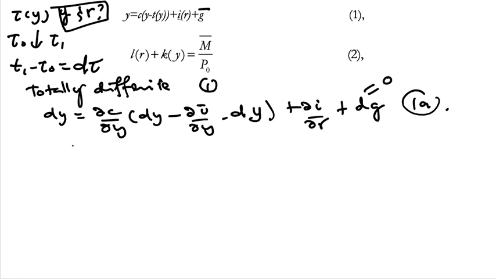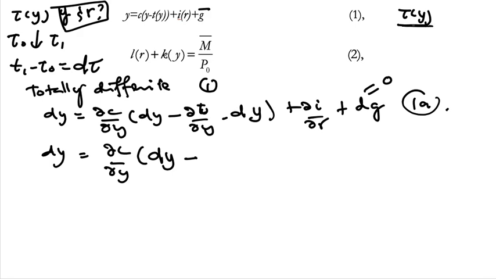And what we need to do is specify 1a even further, because this is ∂T over ∂Y times dy, isn't it? And we know that T is a function of Y now, so we specify it this way. You look here, dy can therefore be written further as ∂C/∂Y in bracket dy minus, okay, you look here carefully, we want to differentiate this specifically using the product rule.